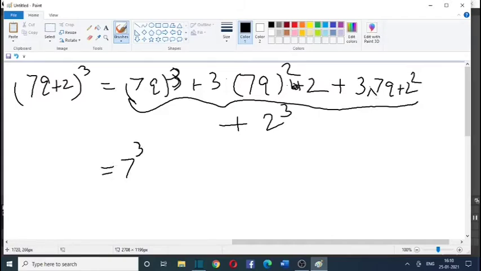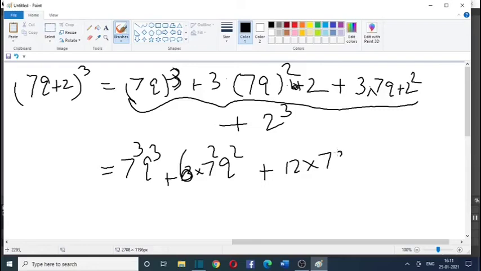So 7 cube q cube plus 3 into 7 square q square into 2, so we can write 6, plus 3 into 2 square, which is 4, 12 into 7q. Now we can write 2 cube as 8, and 8 can be written as 7 plus 1.